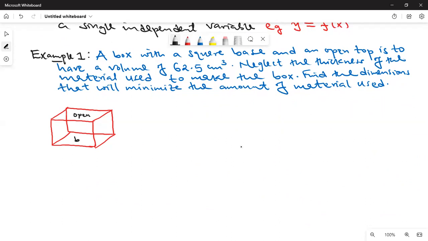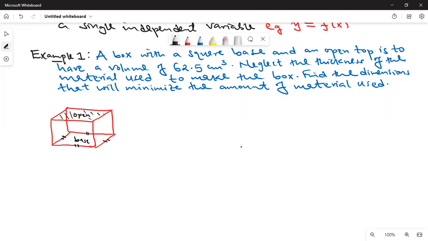This is the base, which is a square. So all these sides are equal because the base is square. Length and width equal. And you take note that the top is open. So it is not there. Remember, a cuboid has 6 faces, a closed cuboid. If you have the top to be open, then we have 5 faces.